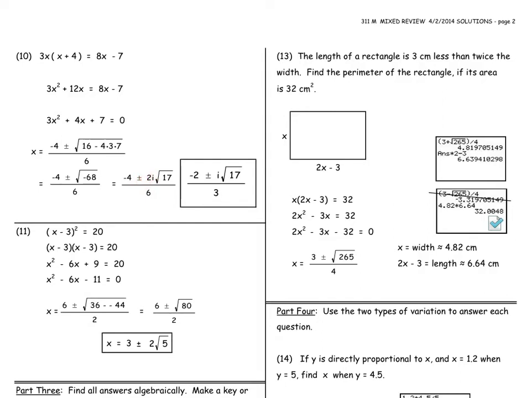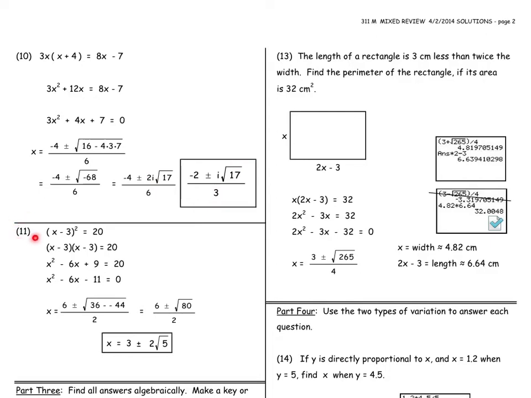And I don't do any cancellation until I'm ready to do all or nothing. Now I can do divided by 2, divided by 2, divided by 2, and I end up with negative 2 plus or minus i from the negative here, 17 with the 2 canceled out, divided by 3.